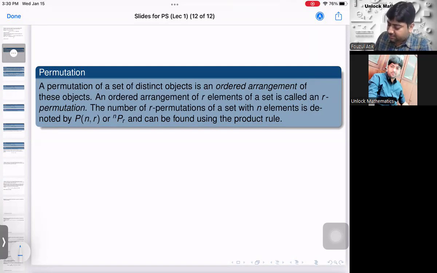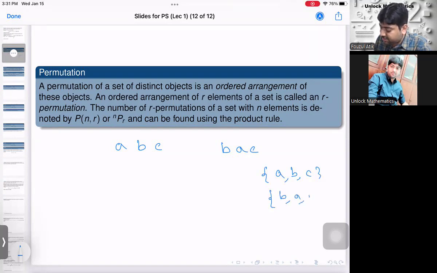So suppose you have three objects A, B and C. How many different ways can you arrange them? See, here A, B, C and B, A, C are different arrangements, right? So the order matters. Whereas in a set, if you have A, B and C, three elements, and somebody says B, A, C, are they not the same in the case of a set, right?